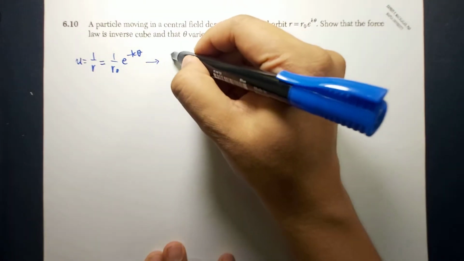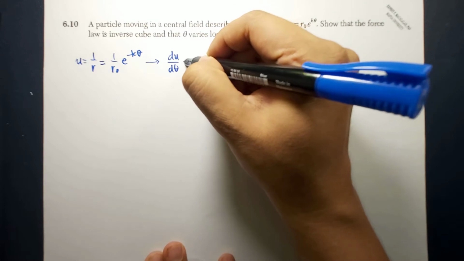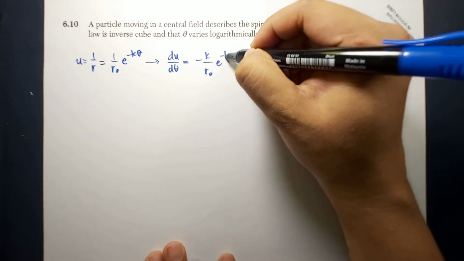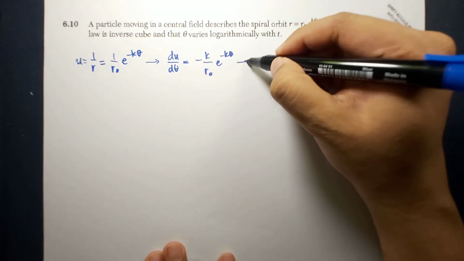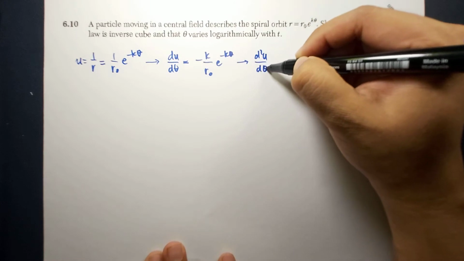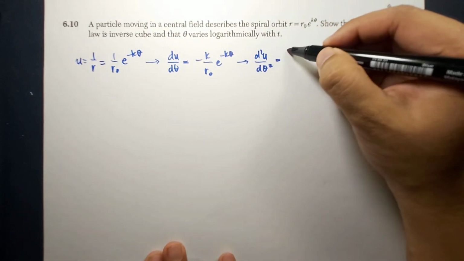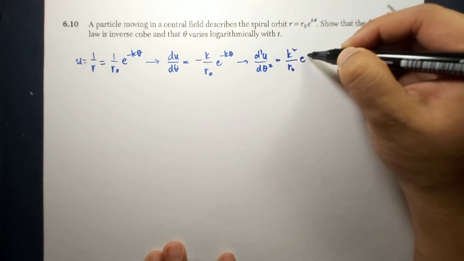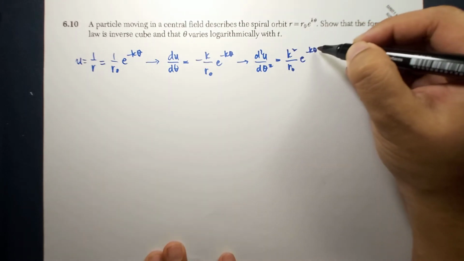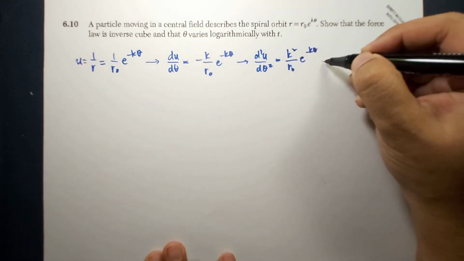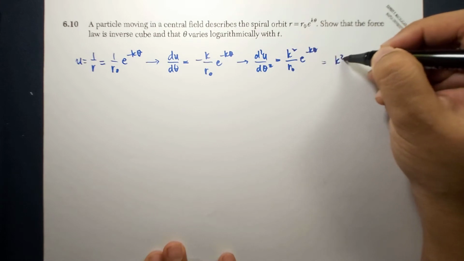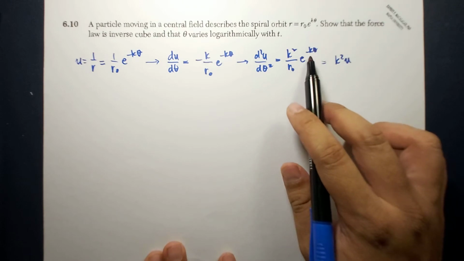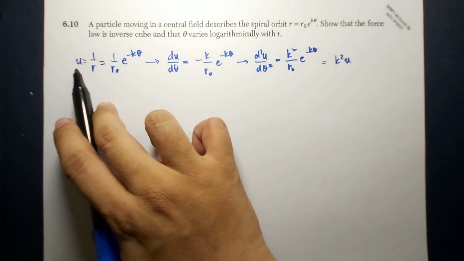This follows that the derivative with respect to theta is equal to negative k over r0 e to the negative kθ, and the second derivative with respect to theta is equal to k squared over r0 e to the negative kθ, which is basically k squared u, because e to the negative kθ over r0 is u.